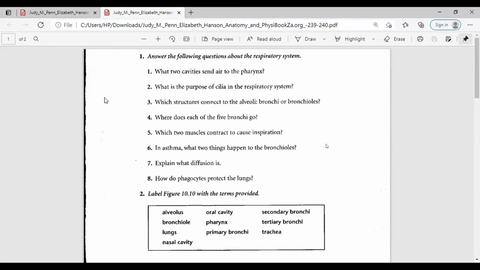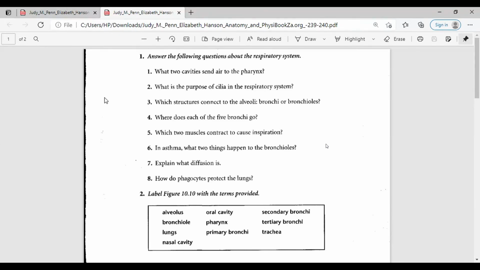And the second muscle which contracts is the intercostal muscle. Remember? The intercostal muscle can be found between the ribs. Yes, intercostal muscles. Okay, thank you.